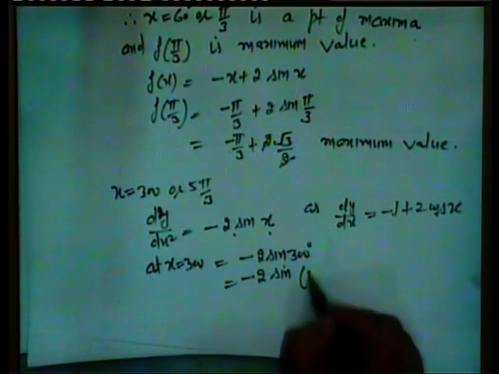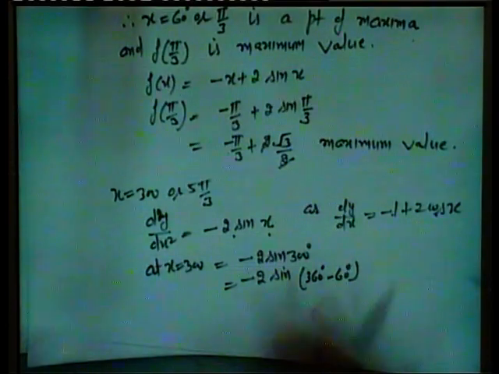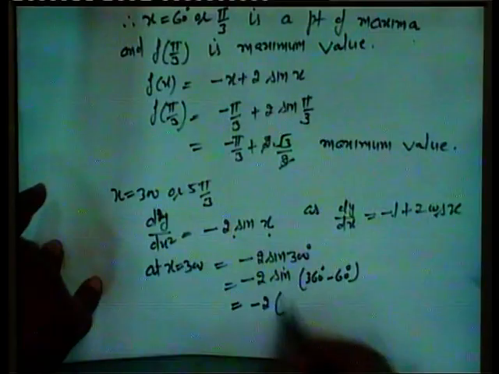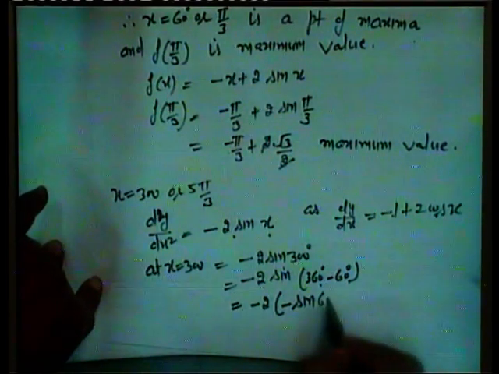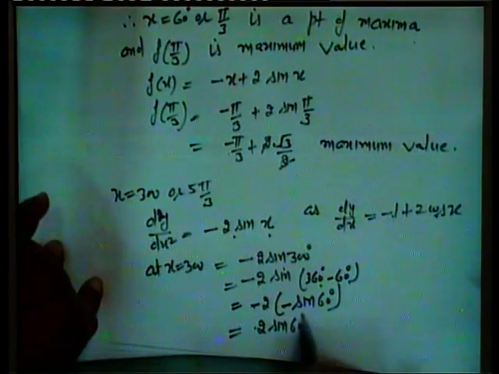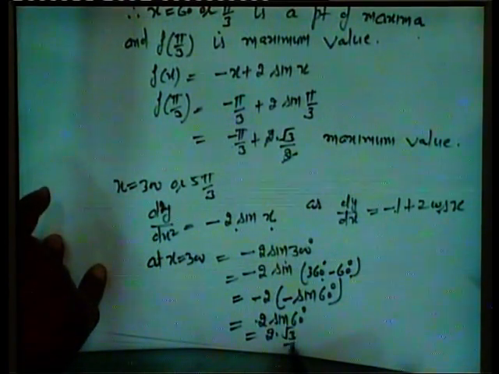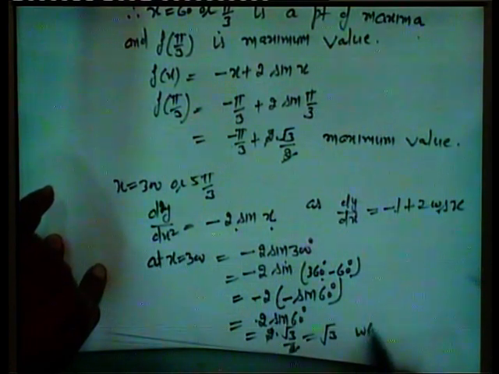Now we can write 300 as 360 minus 60, which is equal to minus 2 sin (360 minus 60), which is minus sin 60, so minus minus 2 sin 60. The value of sin 60 is root 3 by 2, this becomes root 3, which is positive.